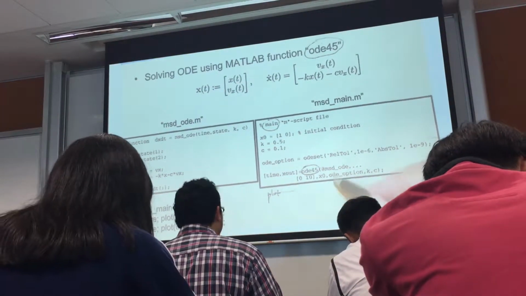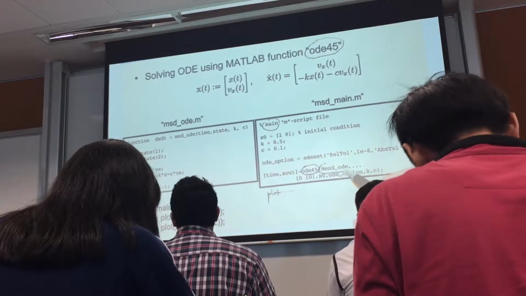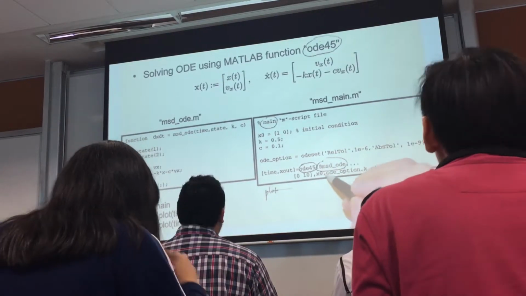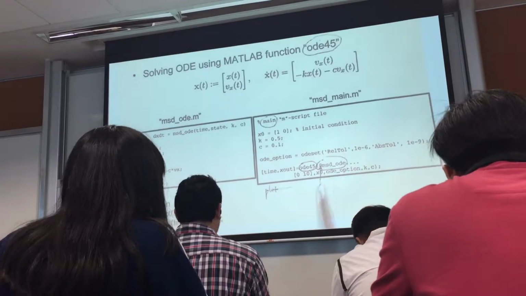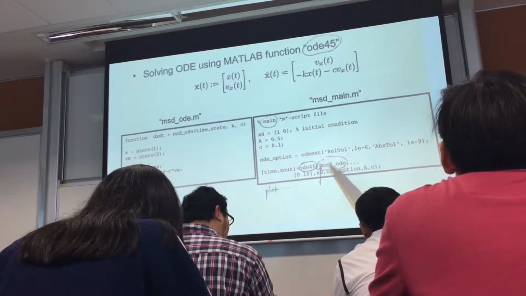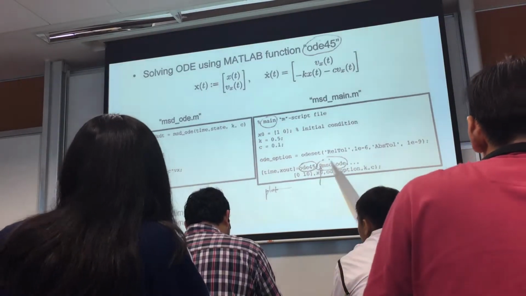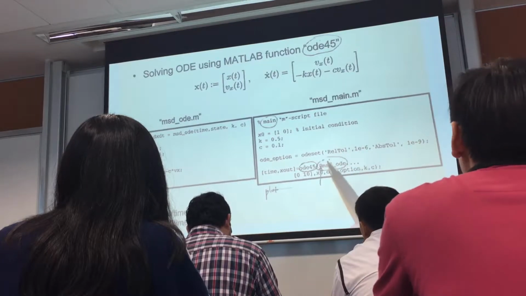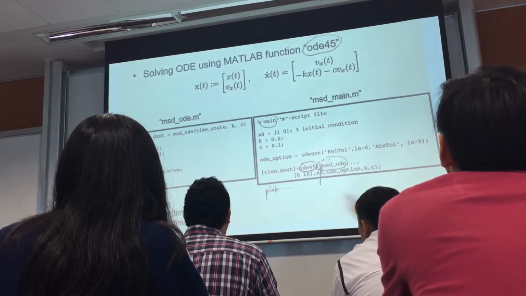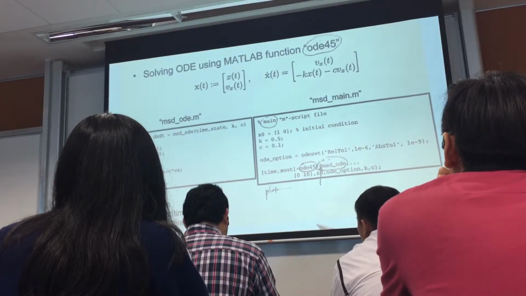In this case, we need to define another function. You can notice there is an @ here, a special character. This @ means this parameter to this function is a function handle. I'm not sure whether you have the concept of the handle or the pointer from your software engineering or previous programming course.